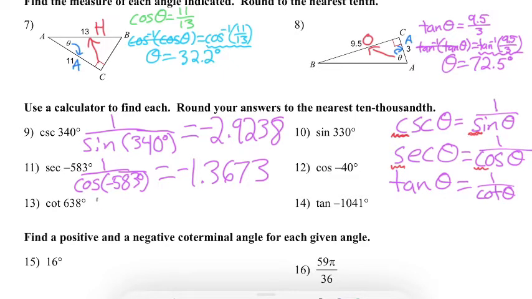And 13, change it to 1 over tangent of 638 degrees, and you will get negative 0.1405.